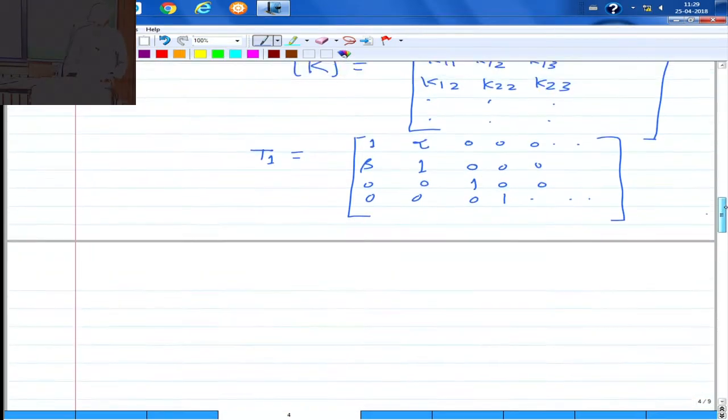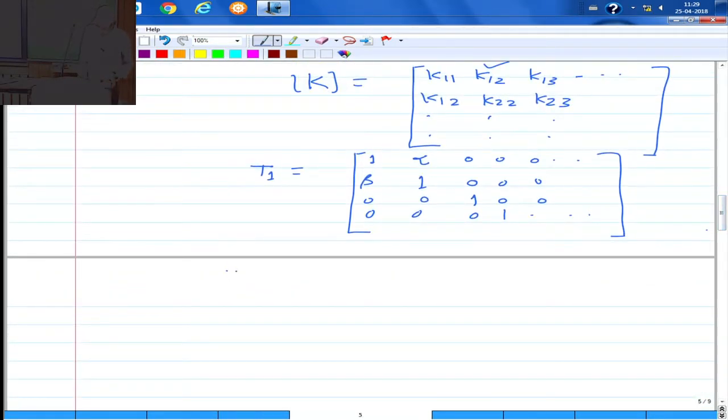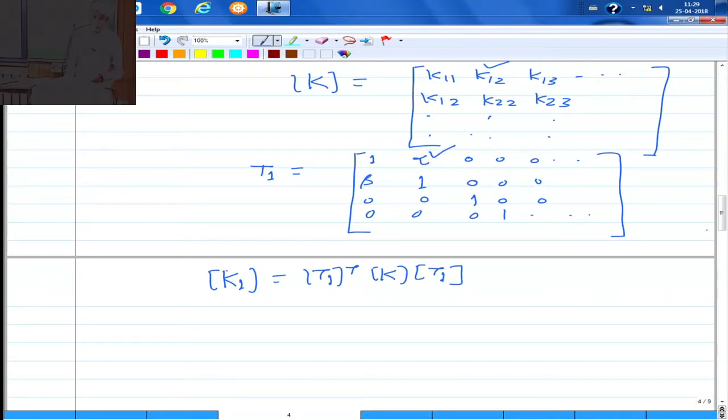Then you will write a transformed matrix at the first level, let us call it K1. So K1 you will be writing as T1 transpose into K into T1. After this multiplication you are going to get a transformed K matrix, and in that you would be saying that K12 should be 0, K21 should be equal to 0.